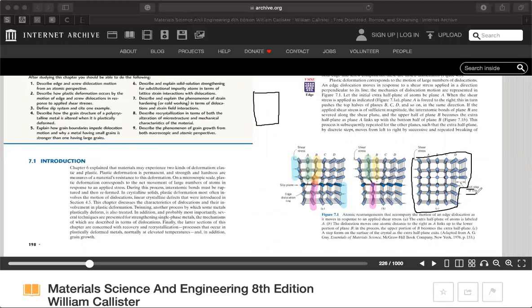So that means the dislocation, in each movement, will move a certain unit. And that unit will be very clear once the extra half plane of atoms approaches the external surface.